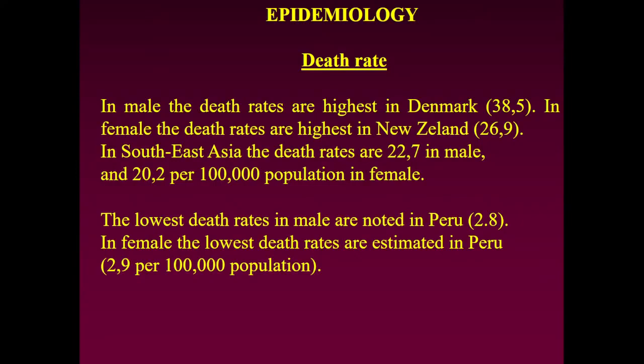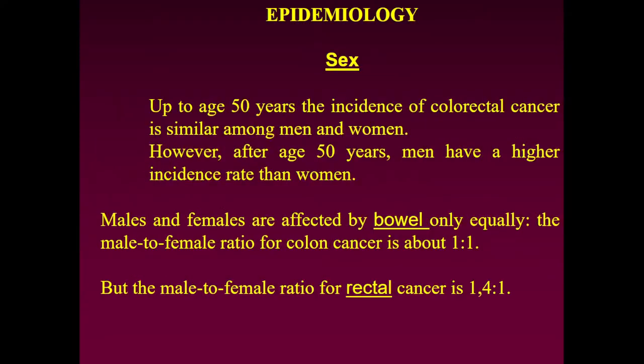In Southeast Asia, the death rates are 22.7 in males and 20.2 per 100,000 population in females. The lowest death rates in males are noted in Peru, less than 3. In females, the lowest death rates are also estimated in Peru, less than 3 per 100,000 population.